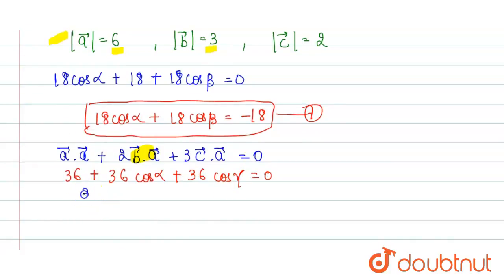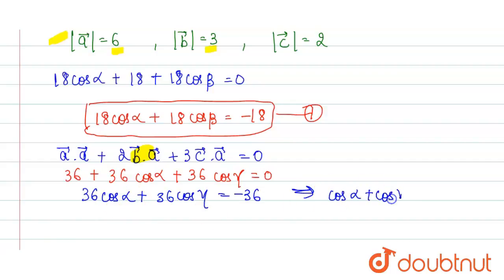And we can write it as 36 cos alpha plus 36 cos gamma is equal to minus 36, and if we divide both sides by 36 then we get cos alpha plus cos gamma is equal to minus 1, and let this be equation number second.